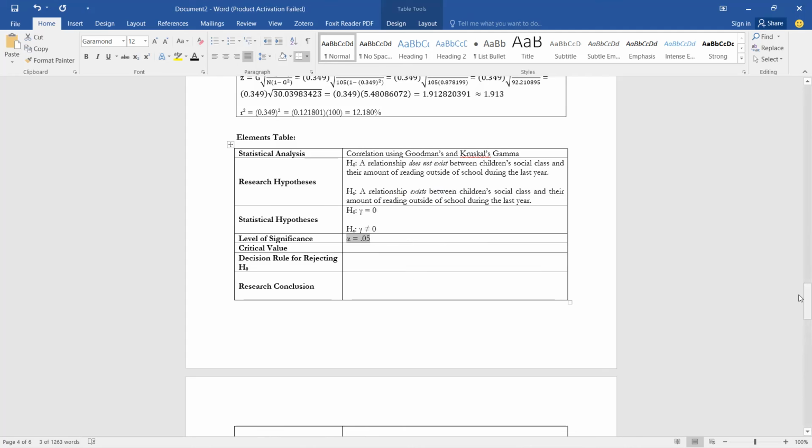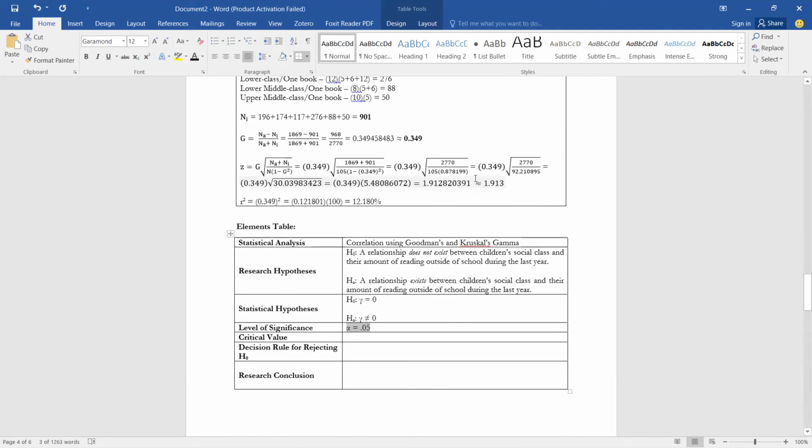And then now the critical value is what we solved for. It's 1.913. So we just simply write it down here, no tables whatsoever, right? So the decision rule is similar, no?